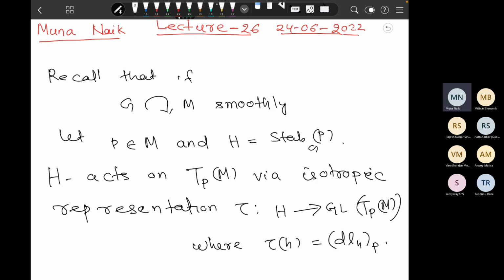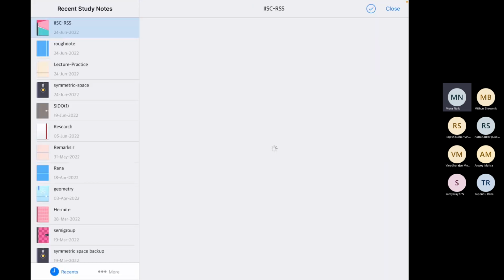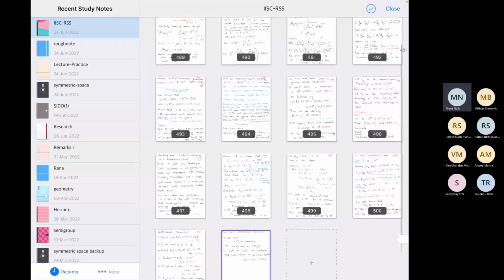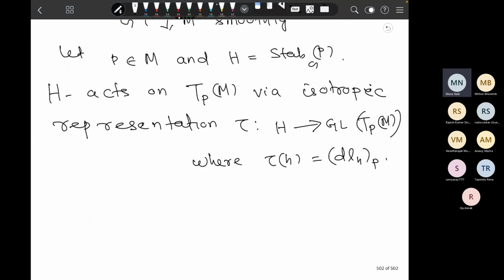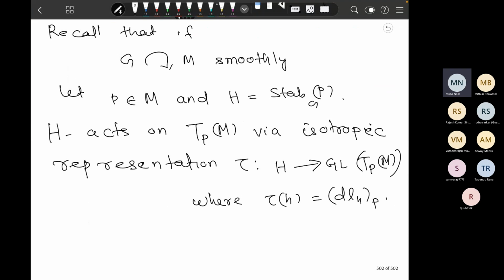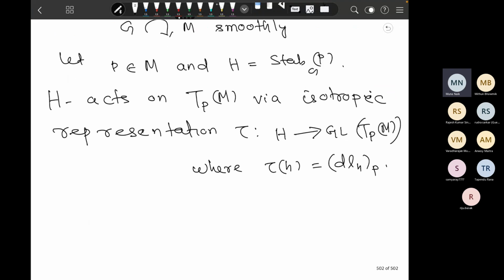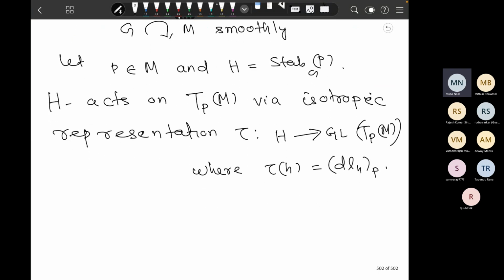Actually, to define the isotropy representation, you do not need the fact that G should act on M transitively. For that, I have made a little correction. I have removed this condition that G acts on M transitively because it was putting an unnecessary restriction.